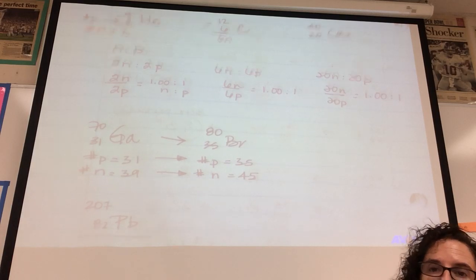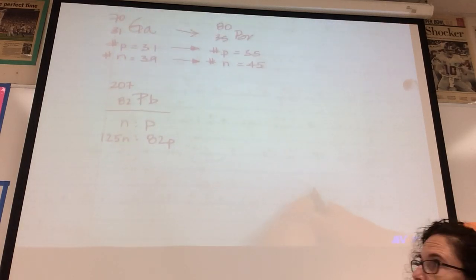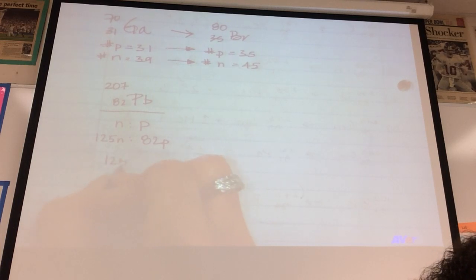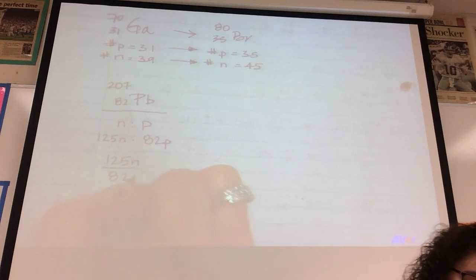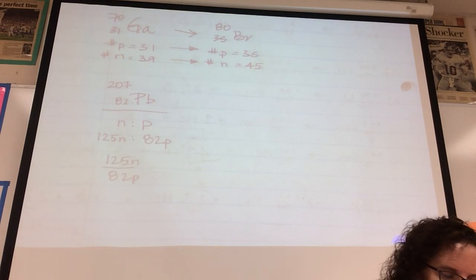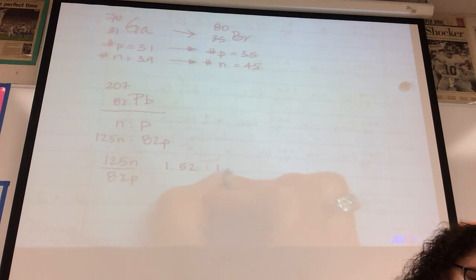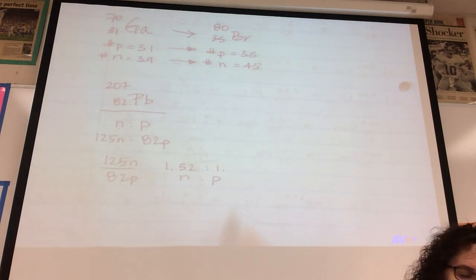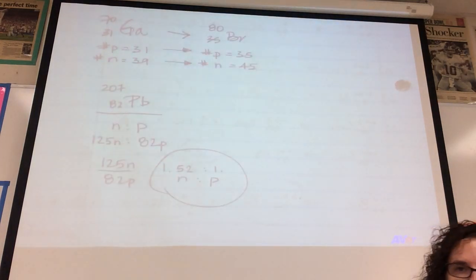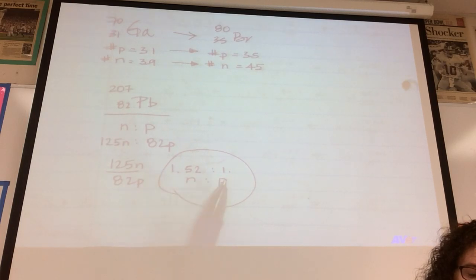And now if you want the neutron to proton ratio, you have 125 to 82, and you have 1.52 to 1, and that's my neutron to proton ratio. You can see that this ratio has increased greatly compared to what we had previously. When the ratio is greater than 1.50 to 1, you are outside the band of stability, and we're going to take a look at that and what happens.